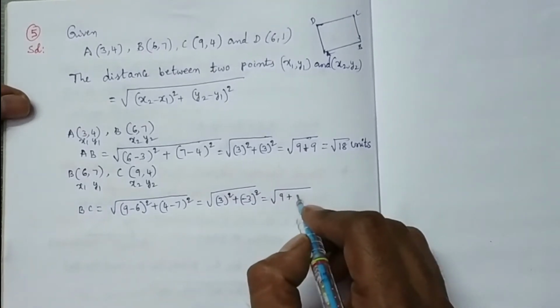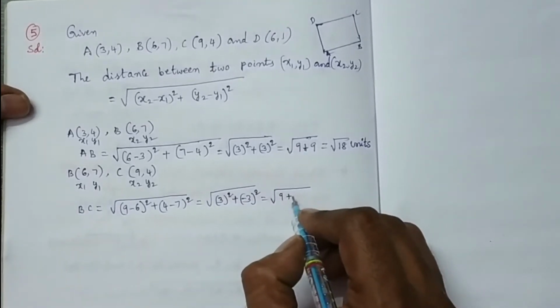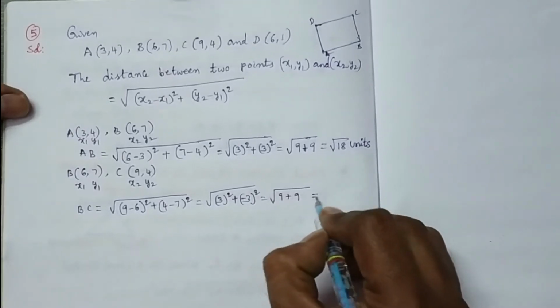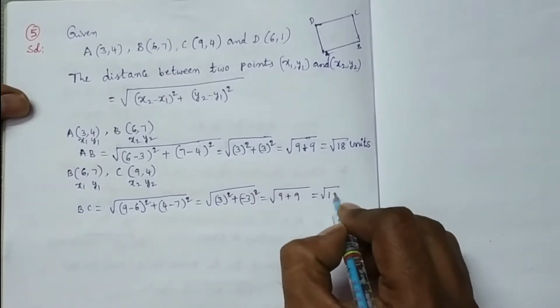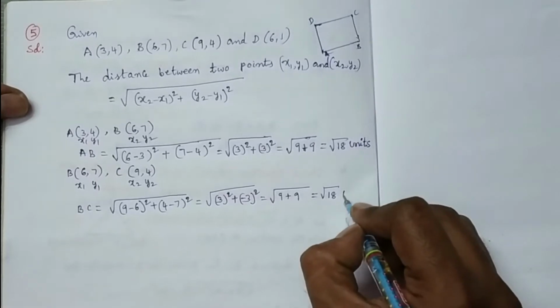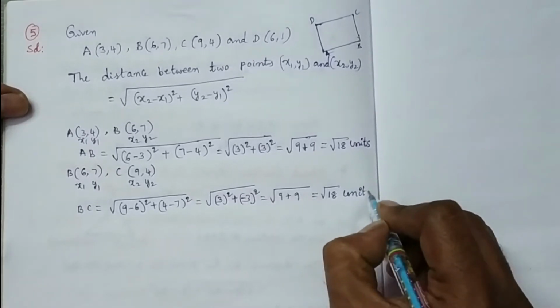So the length of BC is also square root of 18 units.